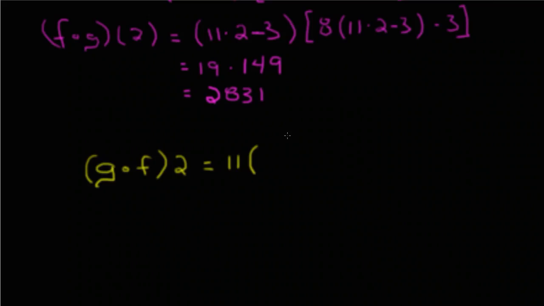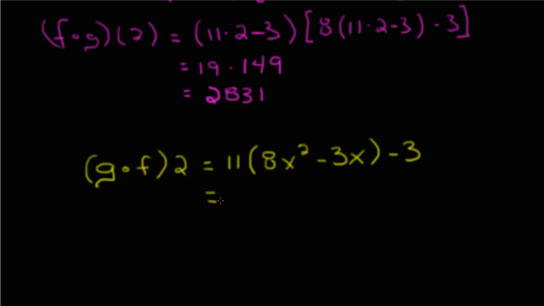So 11 times 8x squared minus 3x minus 3. That's the composition of g in terms of f.